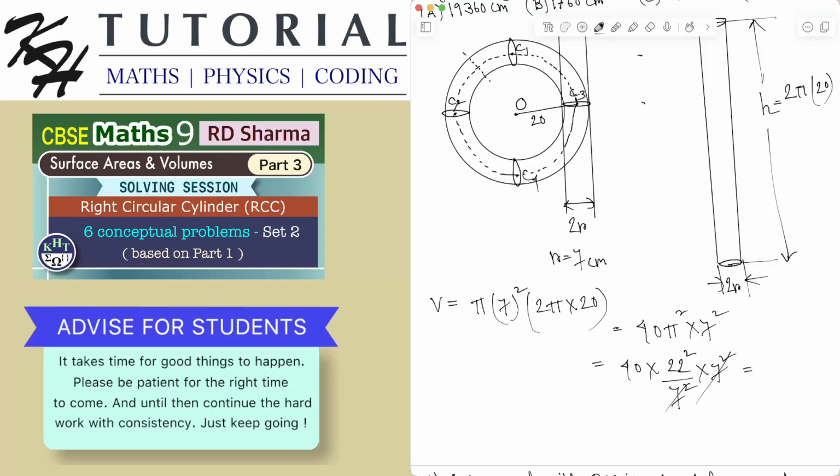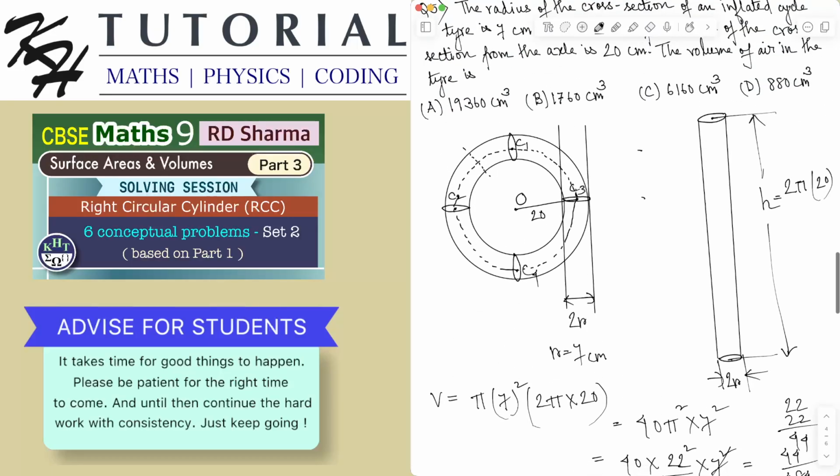How much is 22 squared? 22 multiplied by 22 is 484. So this will be 484 multiplied by 40, which is 19360 centimeter cube. This should be the volume of air in the tire. 19360. So the correct choice is A.